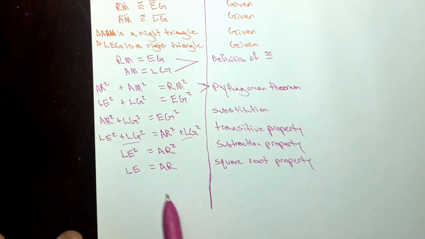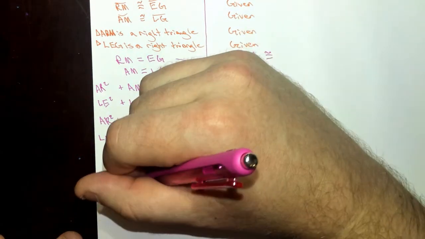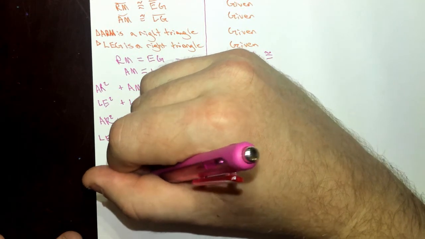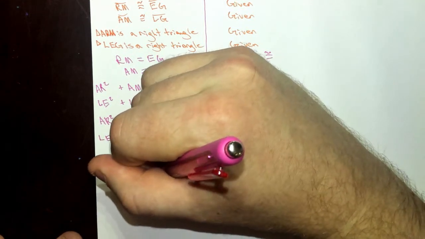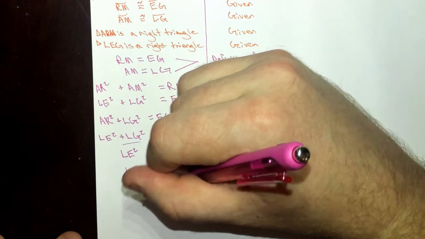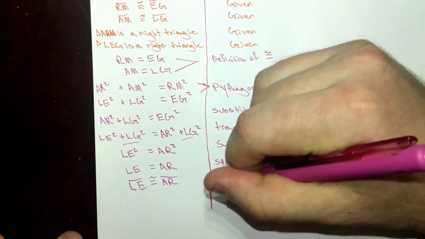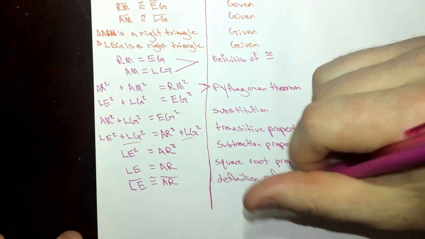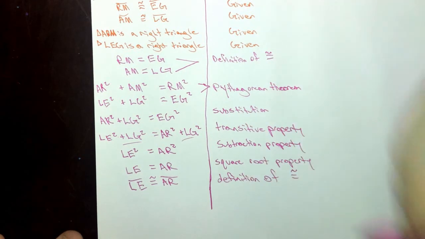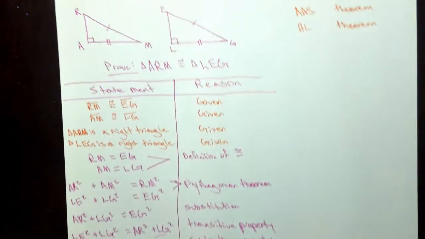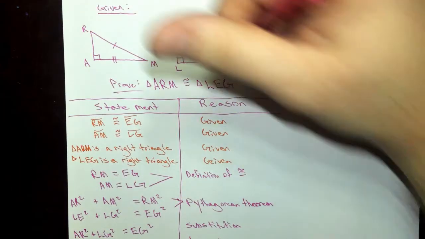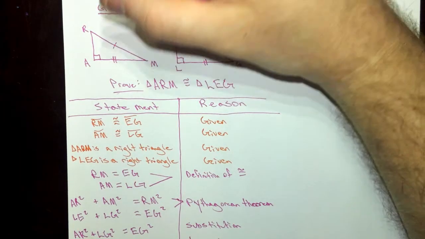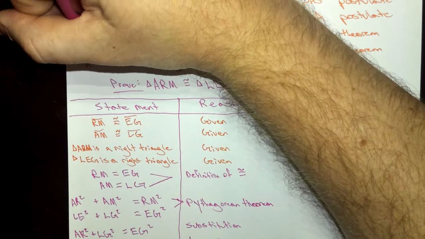Now I just need to make one final little technical step to say that if the measures are equal, then the objects are congruent. That means LE is congruent to AR. This is the definition of congruence. And we can go back up and put those congruency markings on there. That says LE is congruent to AR.